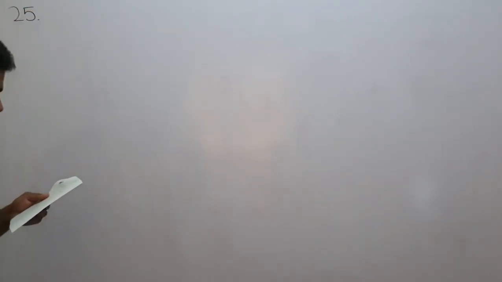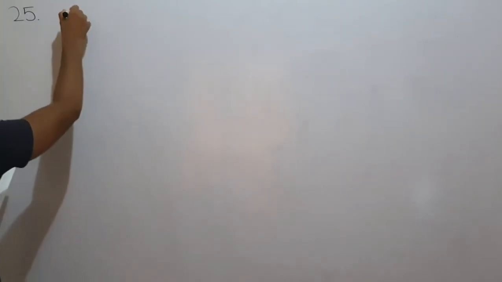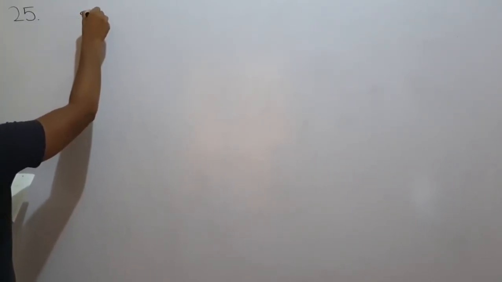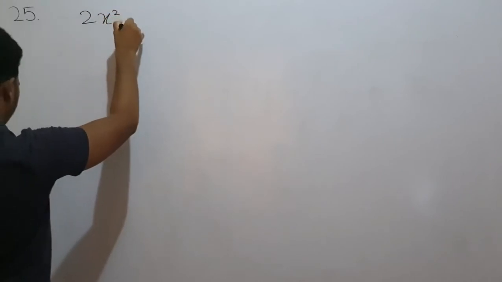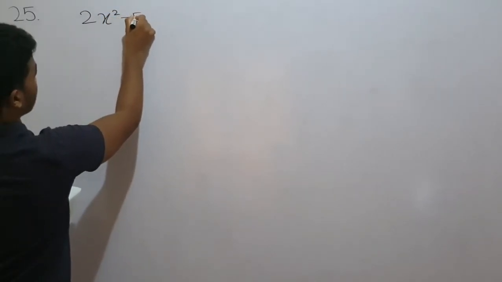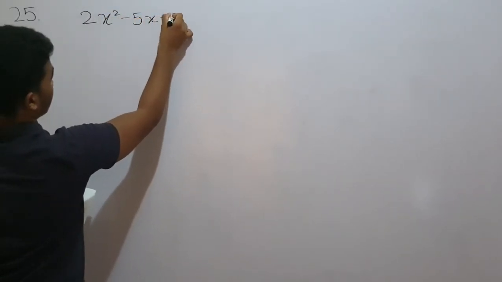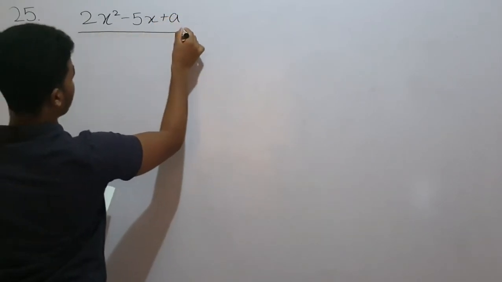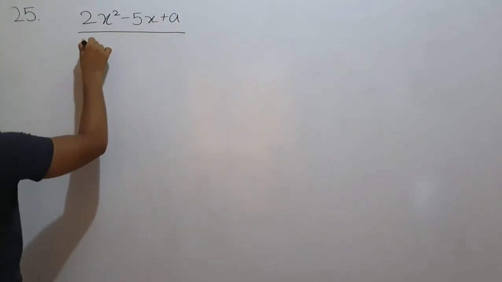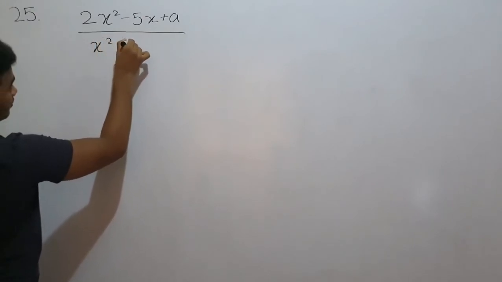Moving on to the 25th, the last sum. The algebraic fraction is given as 2x square minus 5x plus a, the whole thing divided by x square minus 16.